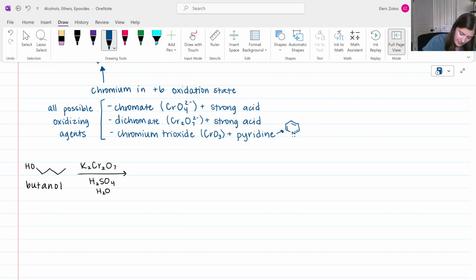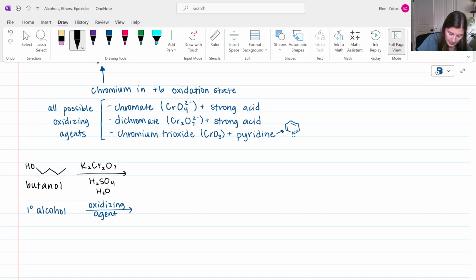So if we have a primary alcohol and an oxidizing agent, according to the pattern we saw above, we would expect to replace that carbon to oxygen single bond with a double bond.